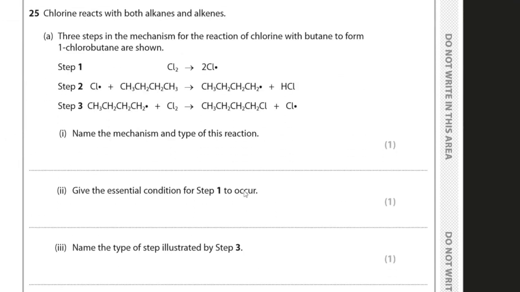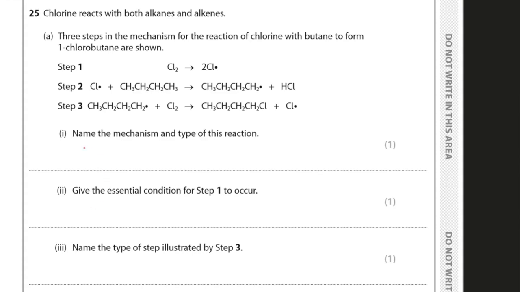Moving on, chlorine reacts with both alkanes and alkenes. There are 3 steps in the mechanism for the reaction of chlorine with butane to form 1-chlorobutane. Name the mechanism and type of this reaction. Now this is pretty simple. We know that when chlorine reacts with alkanes, it results in the production of halogenoalkanes.